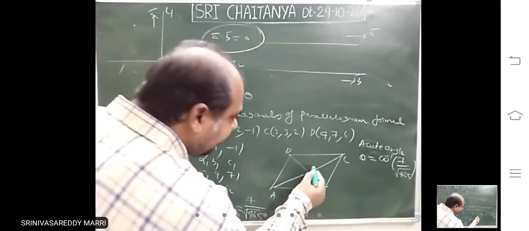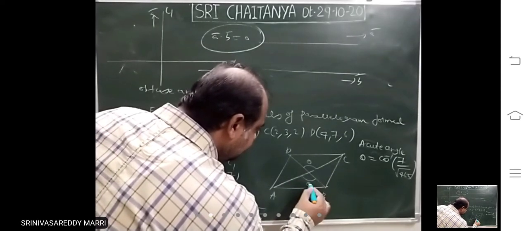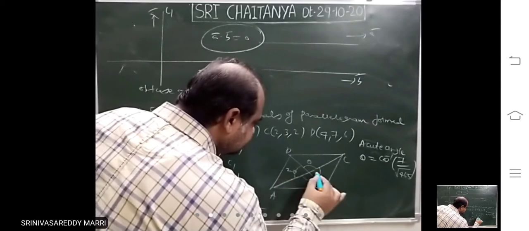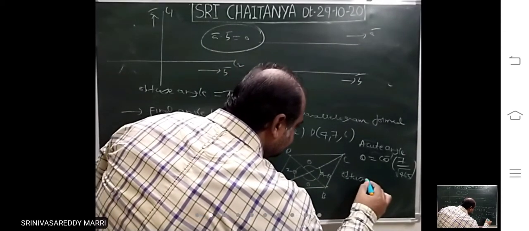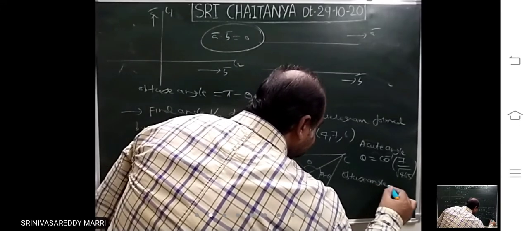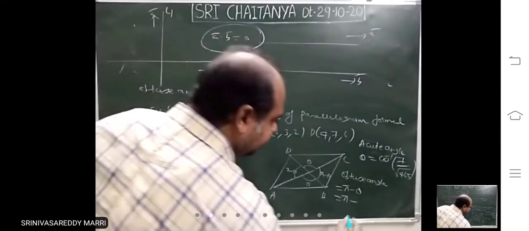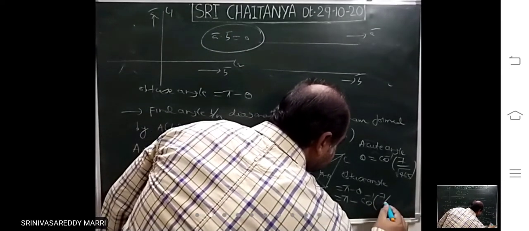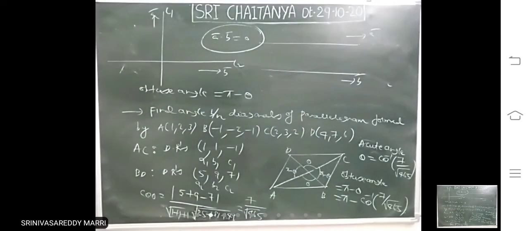One angle is this; another one is pi minus theta, the obtuse angle: pi minus cos inverse of 7 divided by root of 465.